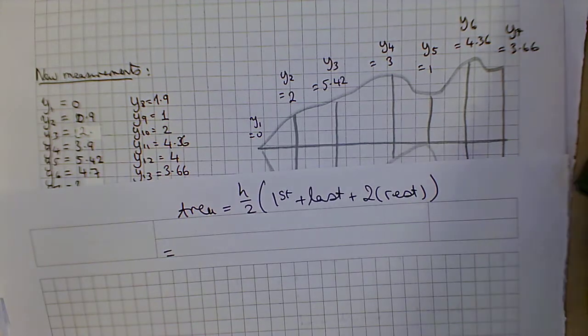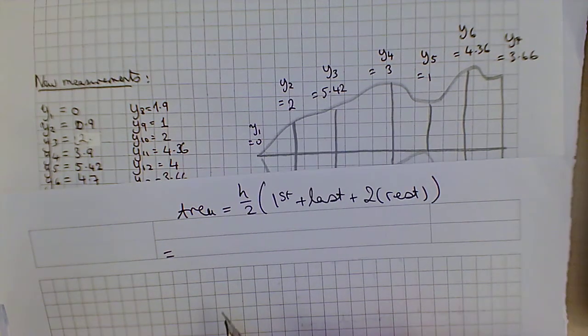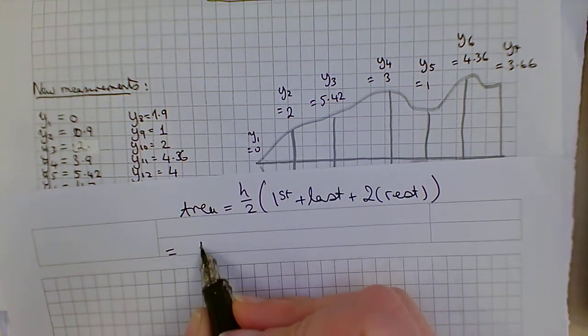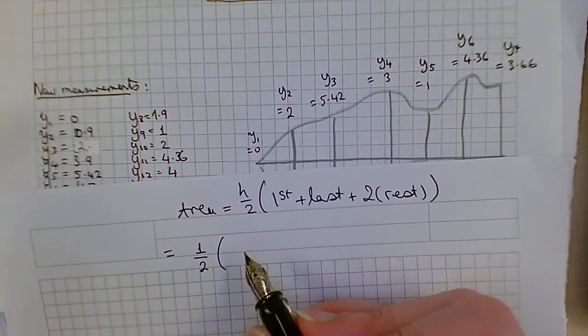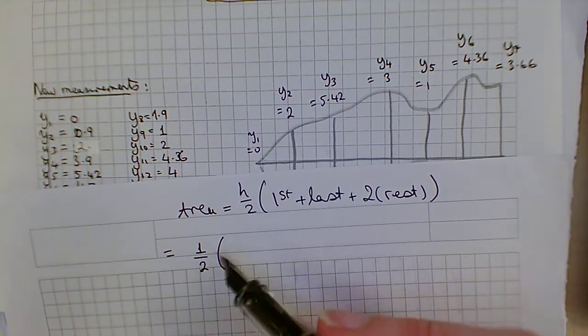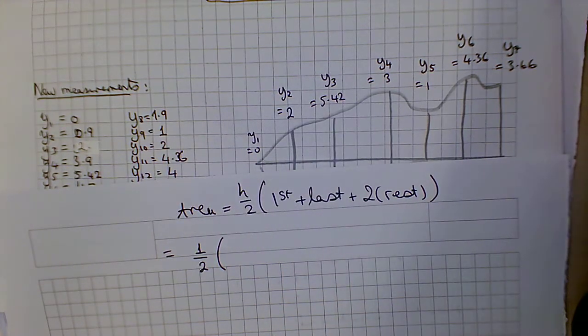We are told that the distance between the segments was 1 centimetre. So this is going to be 1 over 2 multiplied by, and again, my first vertical distance is 0 here. I'm sure you can see this on the screen.